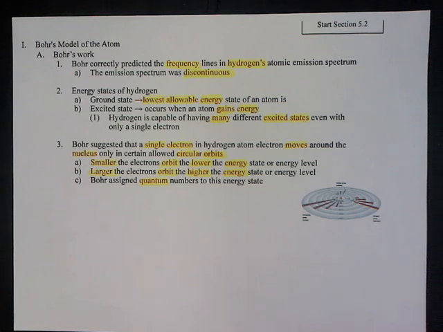Today we're going to be talking about section 5.2, which deals with quantum theory and the atom. We start off with a couple of objectives. The first is to compare the Bohr and the quantum mechanical models of the atom. The second is to explain the impact of de Broglie's wave-particle duality and the Heisenberg Uncertainty Principle on the modern view of electrons and atoms.